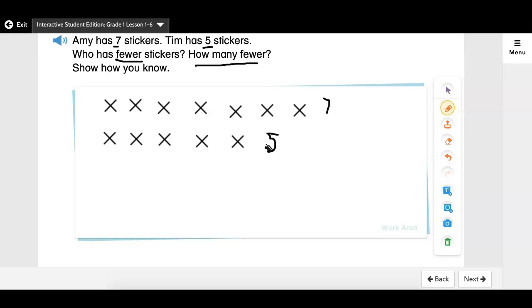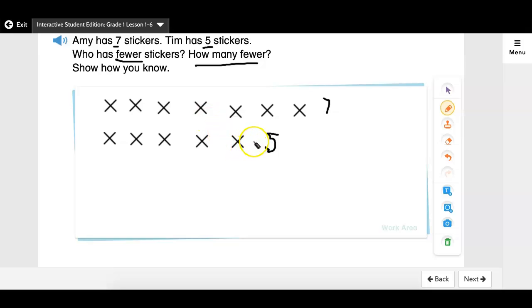Which number is bigger, 7 or 5? 7. We know that 7 is bigger than 5. So if it asks us who has fewer stickers, we know that 5 is a smaller number. So Tim has a smaller amount of stickers. He only has 5 and Amy has 7. And it wants to know how many fewer.